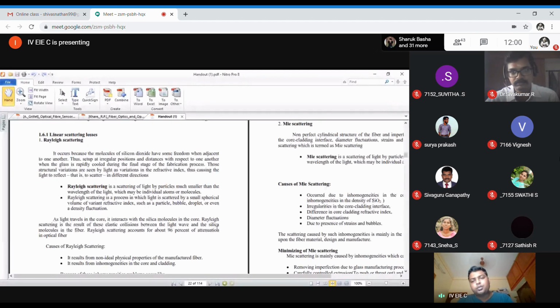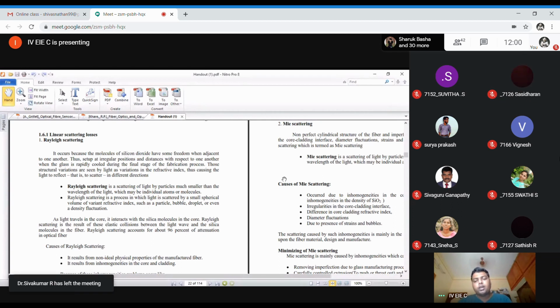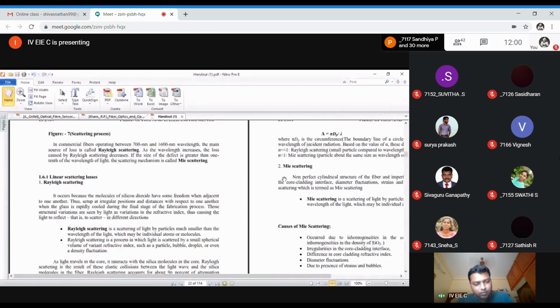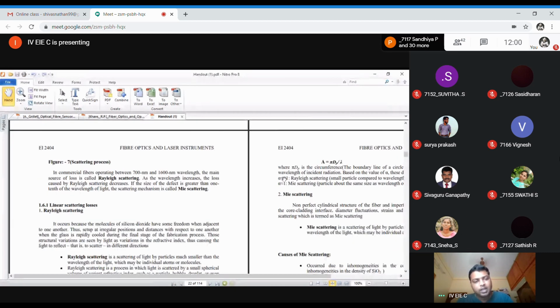Likewise, there is Mie scattering. Similarly, there is one more scattering loss called non-linear scattering, which we call Brillouin scattering losses. Whereas Rayleigh and Mie scattering correspond to linear scattering losses. Is that clear for everyone?